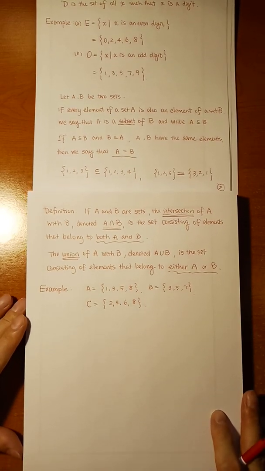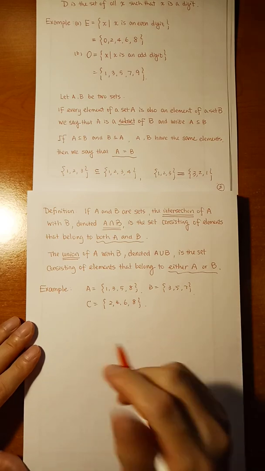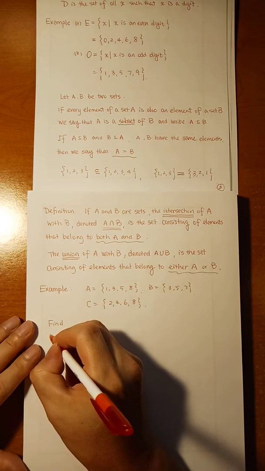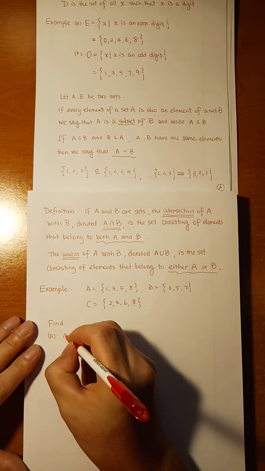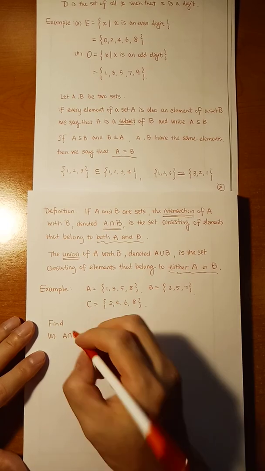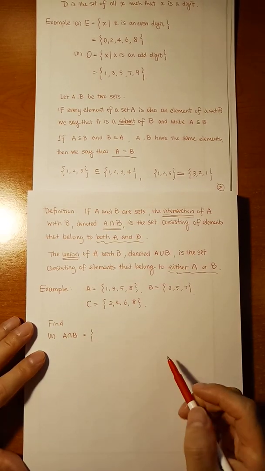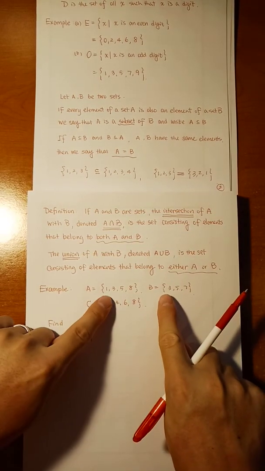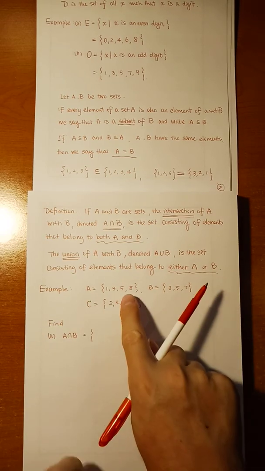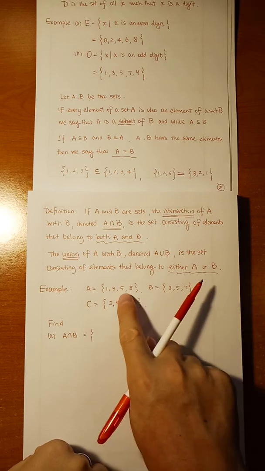Okay, so we have those three sets. Let's try to find the first problem, A cap B, the intersection. What is the intersection of A with B? How do we find it?